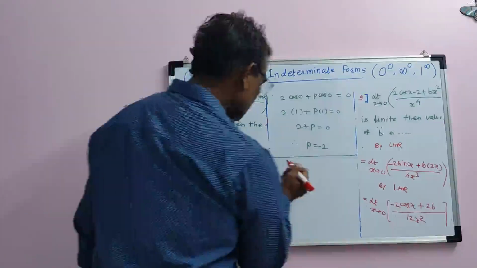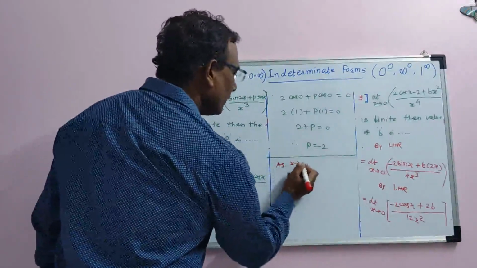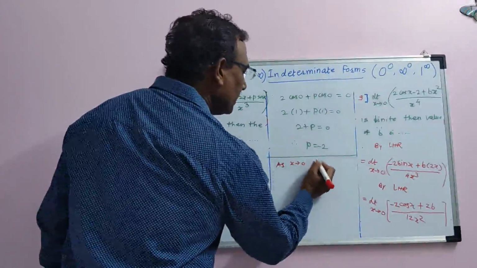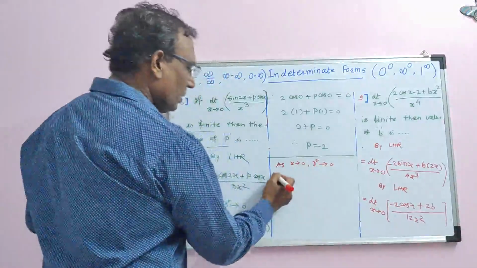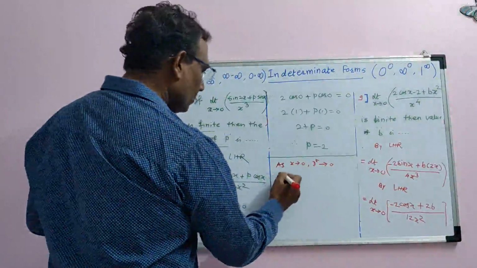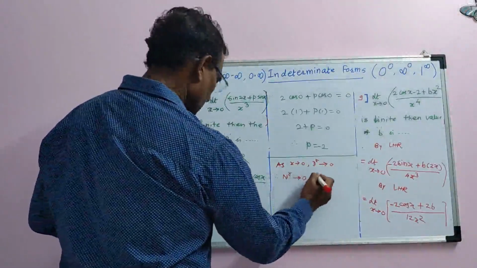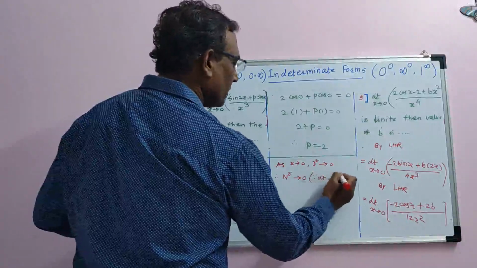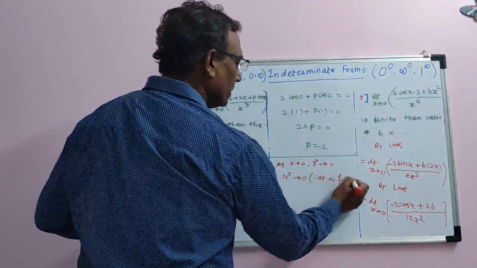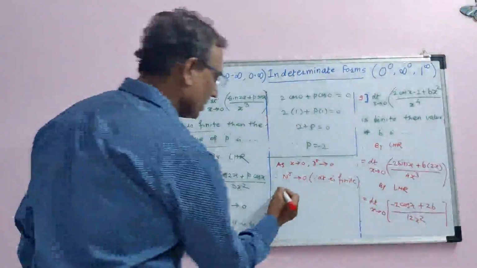It is b dependent. Therefore, you can write it as x tends to 0, denominator tends to 0. Therefore, numerator tends to 0 since the limit is finite. In this problem we have two steps. Here in this problem, a single step.